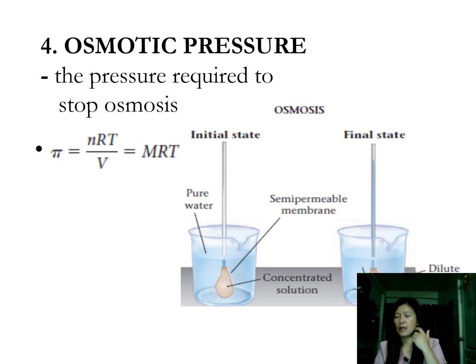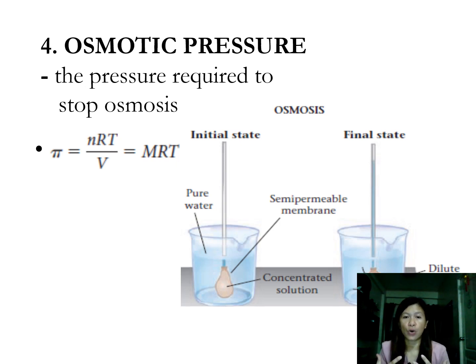Why do we need to stop osmosis? This is especially in relation to the human body or the living things. We have to control the entry and exit of materials from inside to outside or vice versa in the cell.